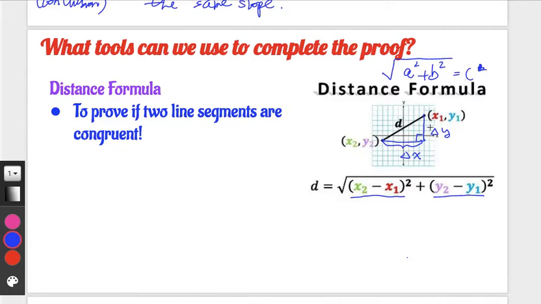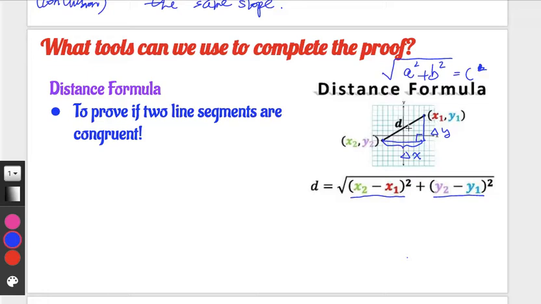We just apply this idea to a situation where we deal with a question like finding the distance between two points. So you may wonder, like what we mentioned before, we use the slope formula to prove two lines are parallel. Then what do we use the distance formula for?